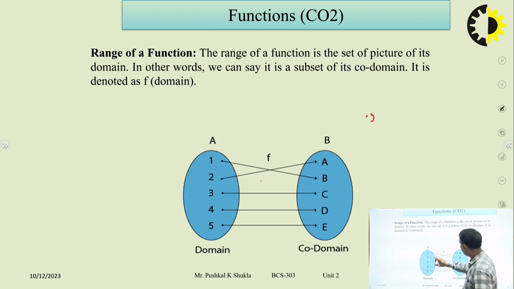The domain of f is 1, 2, 3, 4, 5 and the codomain is A, B, C, D, E. And the range is the elements of B which have a pre-image in set A. So here A, B, C, D, E are all elements of the range, and we conclude that the range is a subset of the codomain.